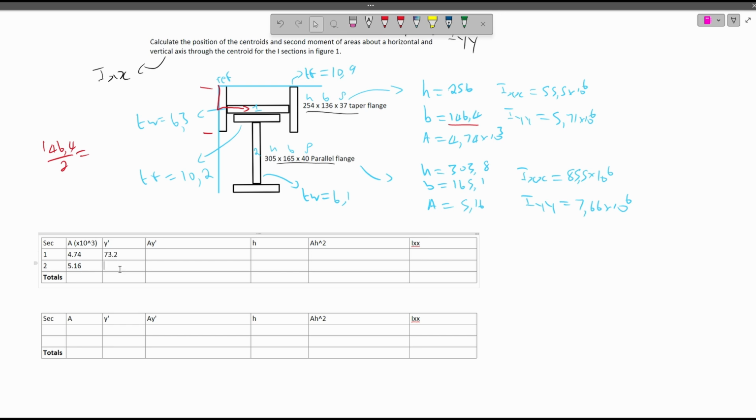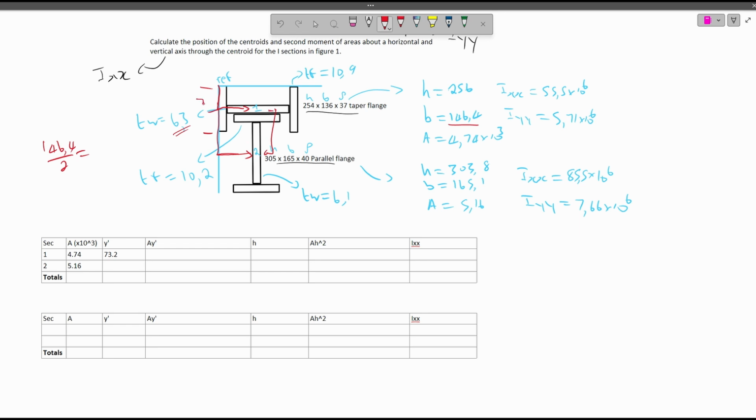And then the second one, I'm moving from our reference point to the center of the second shape, going down to the center of this one. Here's where it gets tricky. We know this distance from here to the center is 73.2. We know this is TW, which is 6.3, and we already have half of it. So we need the distance from the center of this one to the center of this one. That's the unknown distance.